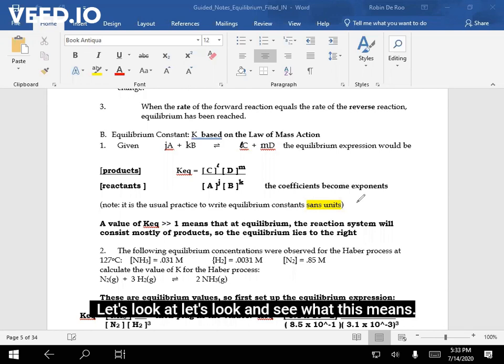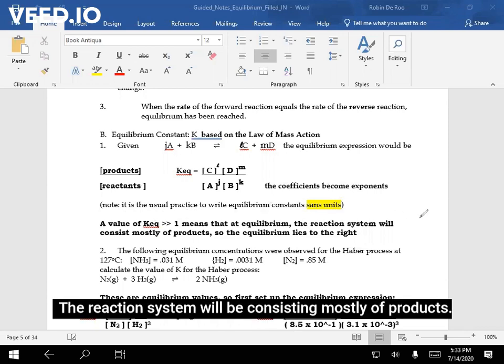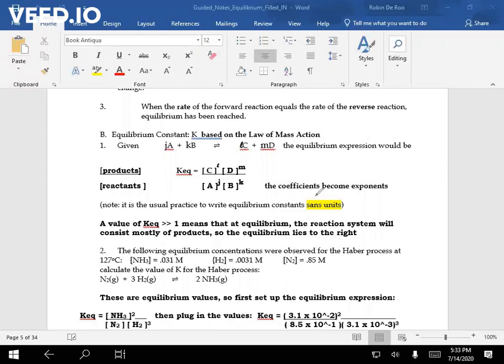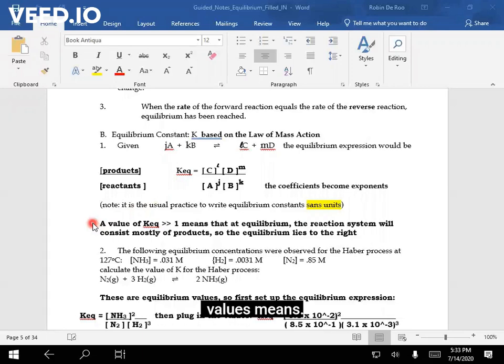But let's look and see what this means. A value of Keq much greater than 1 means that at equilibrium, the reaction system will consist mostly of products. So the equilibrium lies to the right. It's really important for you to understand what these values mean.